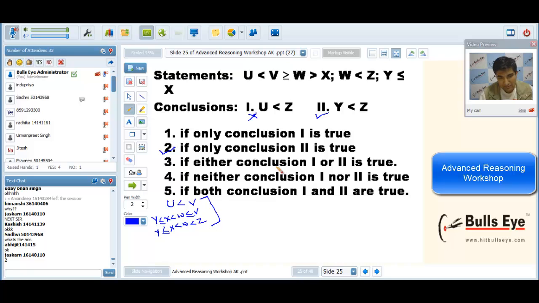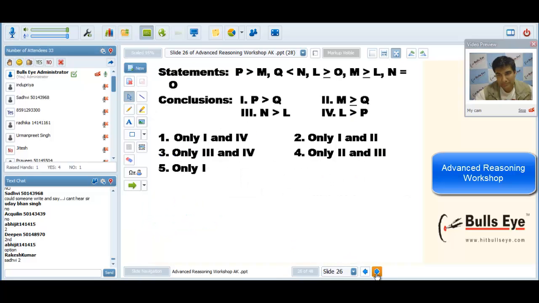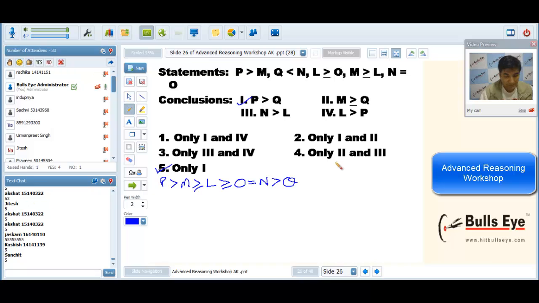Yes, people, any doubts? People, we go to the next question now. I think most of us got it correct. Answer is fifth option, which says only first conclusion is true.